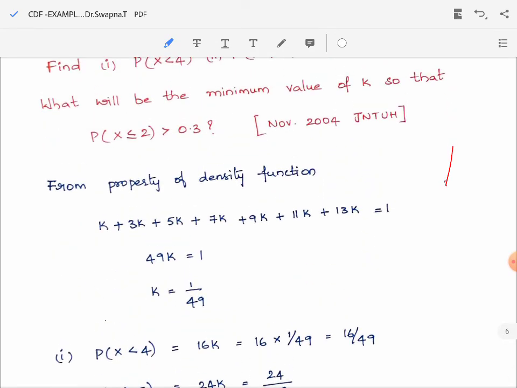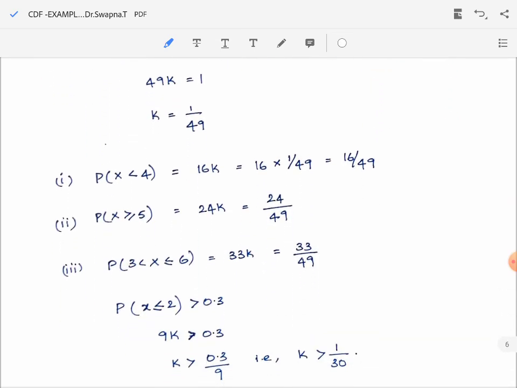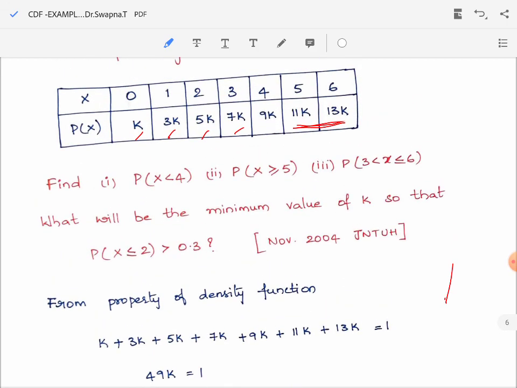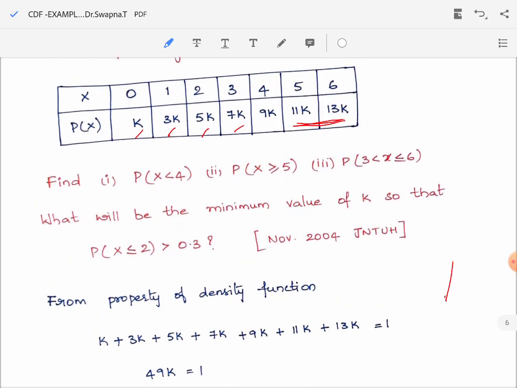And finally, what will be the minimum value of k so that P of x less than or equal to 2 is greater than 0.3. For less than or equal to 2 we have 9k, because from the table we have k plus 3k plus 5k.